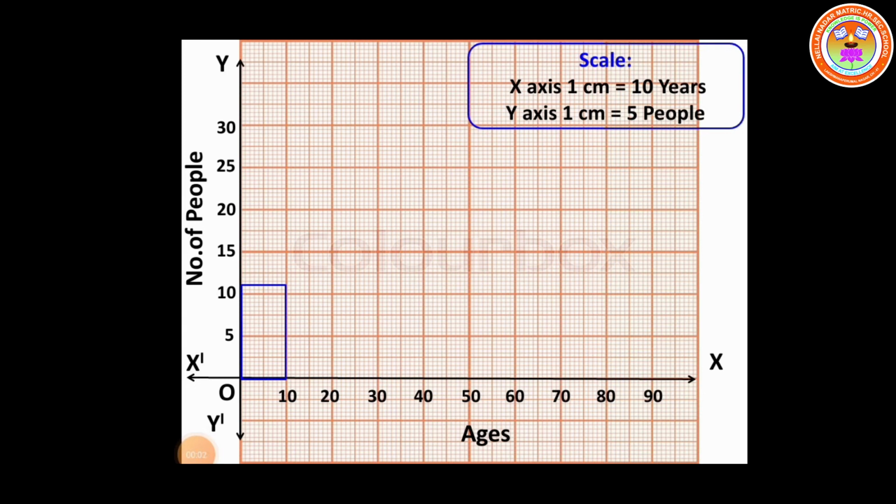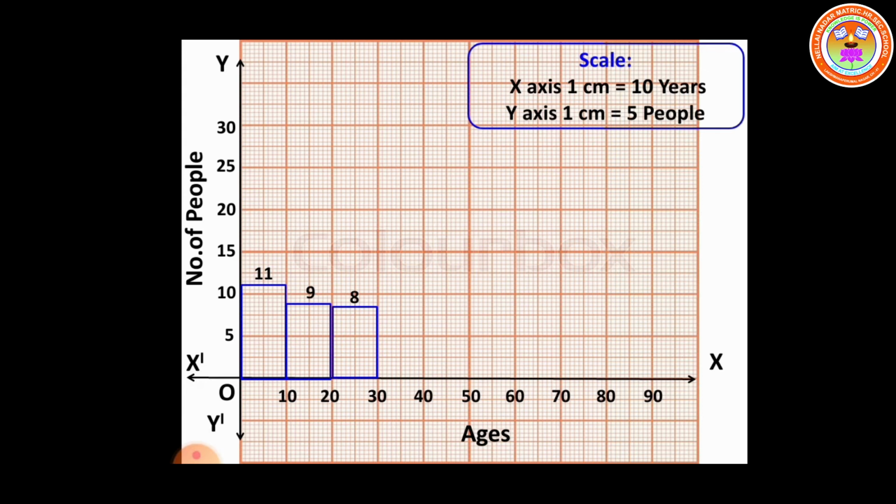Write the frequency as 11. Next rectangle, the class interval 10 to 20 has the frequency 9. So the height is 9. Like that you have to draw the rectangle and then write the frequency as 9. Next, for the class interval 20 to 30, the frequency is 8. So take the height as 8, then write the frequency as 8.